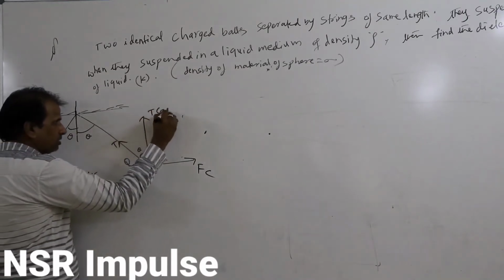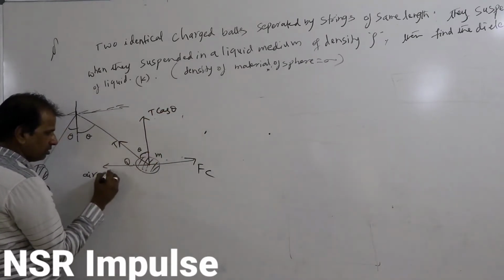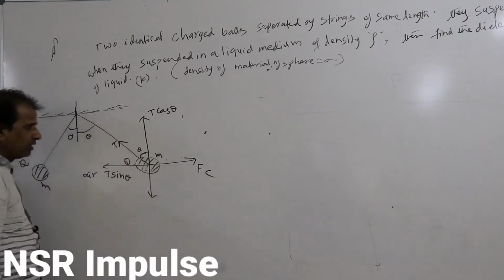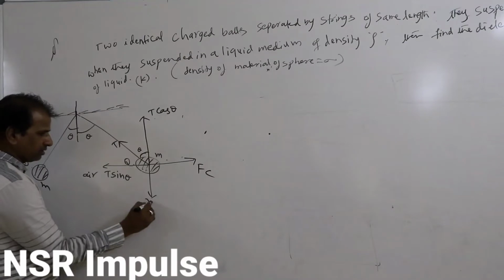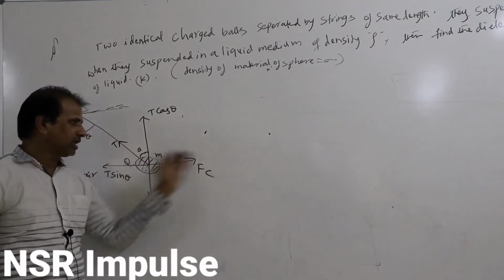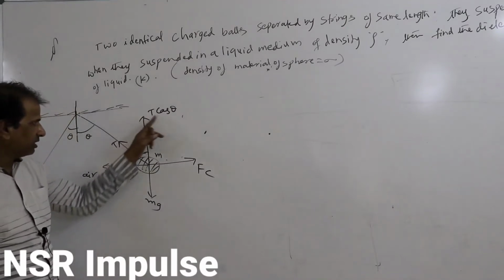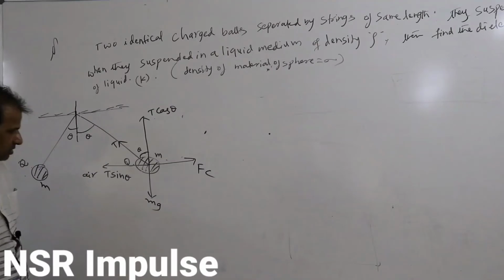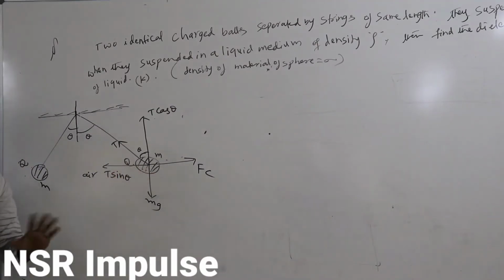This becomes T cos theta, and this is T sin theta, and this is the weight mg. So due to charge, the Coulombic force acts outward. Due to tension, T cos theta, T sin theta, and mg. The thetas are the same, so take only one sphere. Don't take two spheres. One sphere is enough.